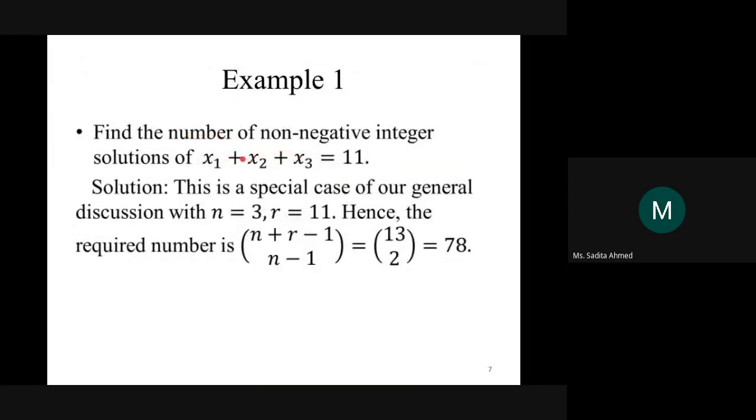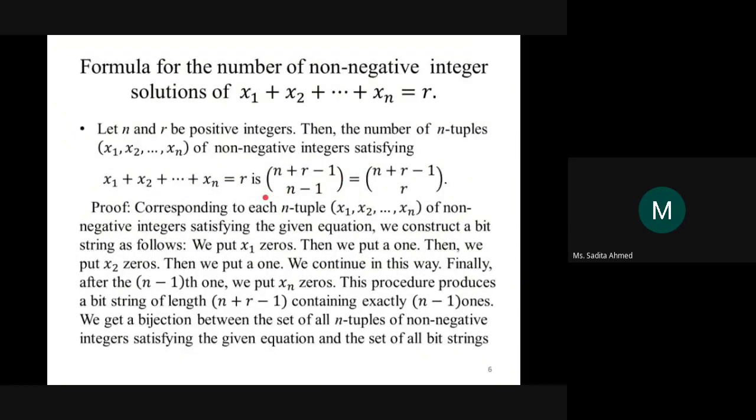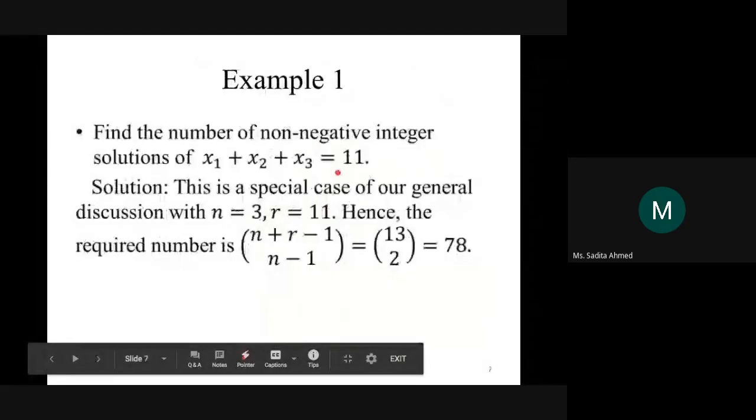It's very straightforward. Simply, we have to count the total number of non-negative integer solutions for this equation. We already know how to do that. If you have n number of x's and r on the right-hand side, then we simply have to apply this formula, which we already proved.